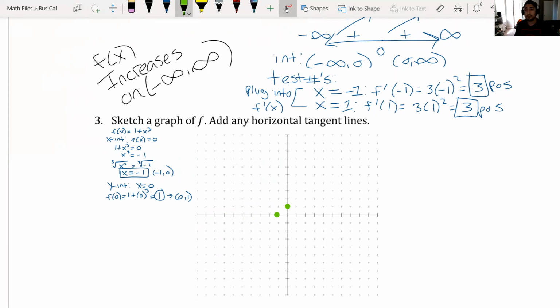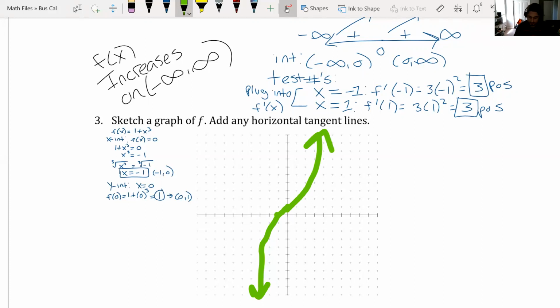So from negative infinity to 0, the function is increasing. So the original function is increasing. So it should look something like this. And then from the sign chart again, from 0 to infinity, we increase again. So something like that. That's it.